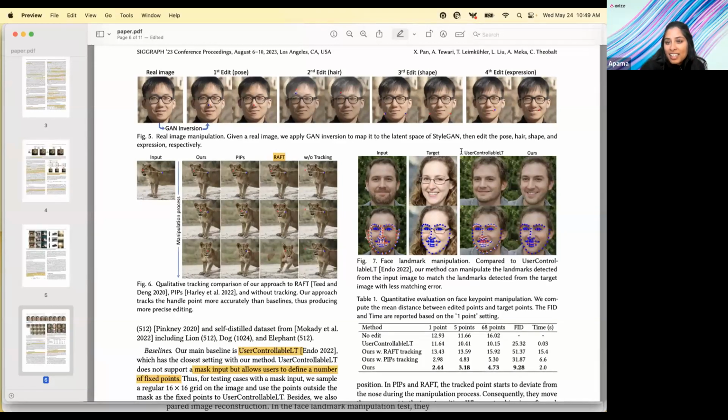And then they compared it against UserControlLT, which is kind of the state of the art in manipulation up until that point. But this paper combined point tracking and manipulation together, so those were the two benchmarks they used here.